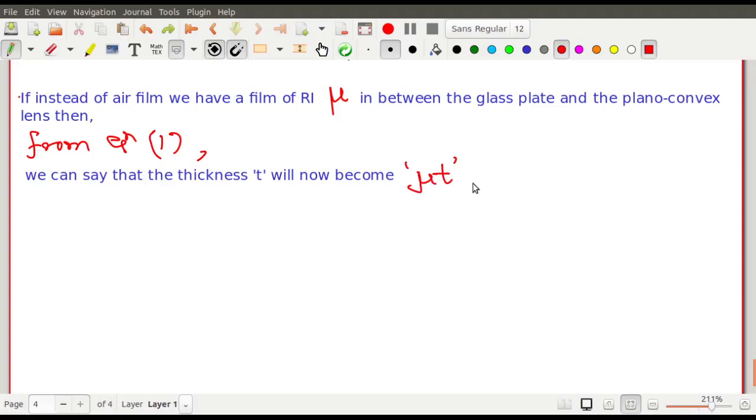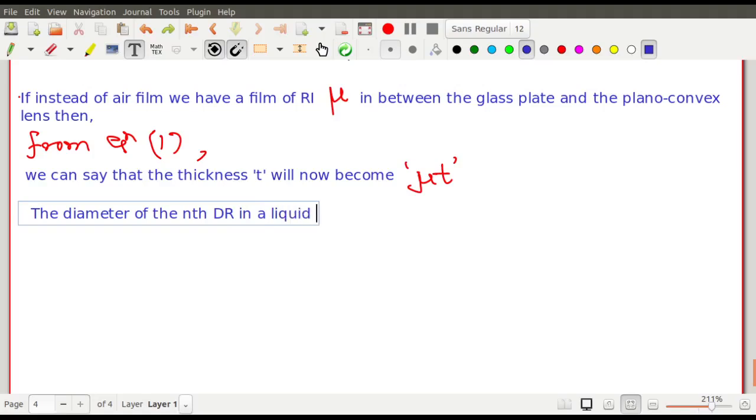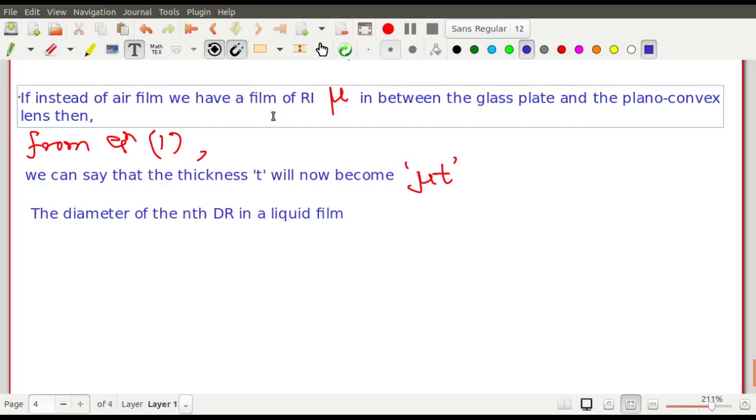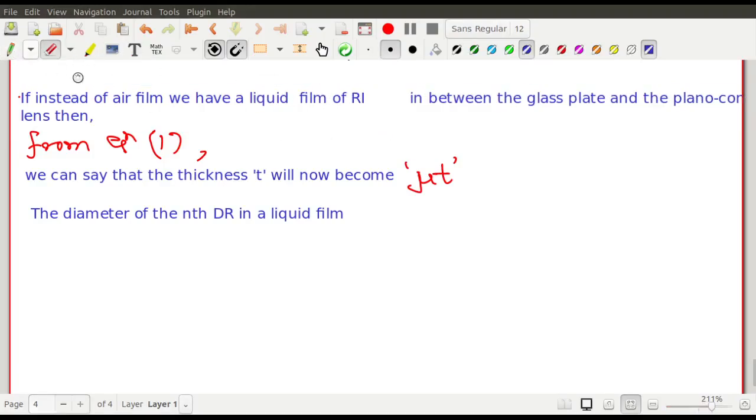So we can say that the thickness T will now become mu T. Therefore, the diameter of the nth dark ring in a liquid film, instead of an air film, we have a liquid film of refractive index mu in between the glass plate and the plano-convex lens.